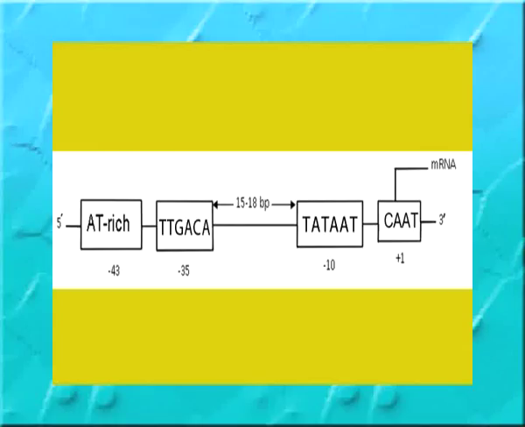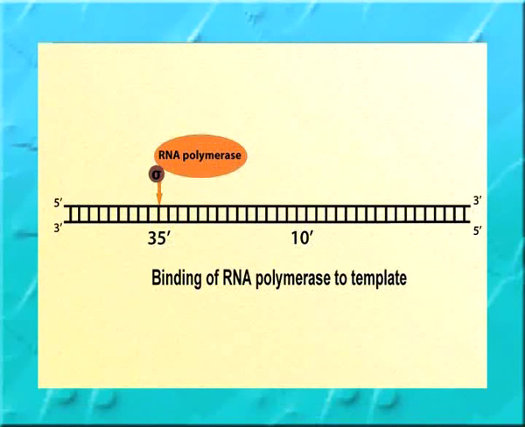Now, prokaryotic promoter. In prokaryotes, the first region, which is highly conserved in most of the promoters, has a consensus sequence T, T, G, A, C, A. There are two regions, the -35 region and the -10 region, which are important in the prokaryotic promoter region.